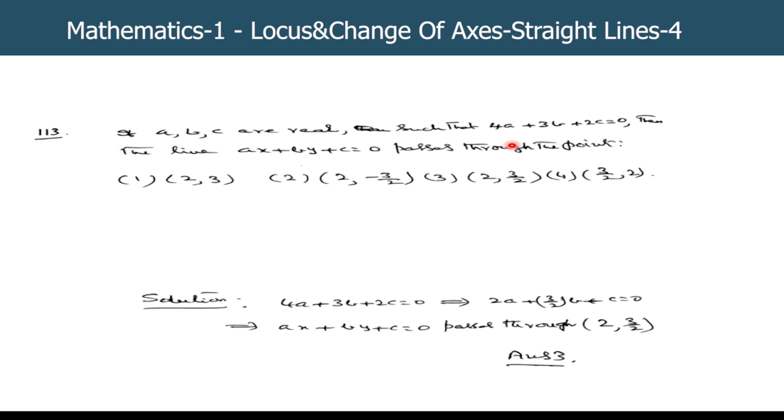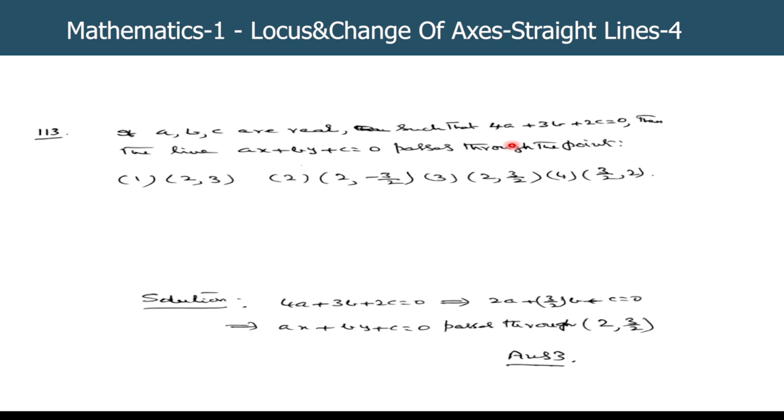Correct option is 3. Whenever you are given something like this, suppose I give you k1 into a plus k2 into b plus k3 into c equals 0, where k1, k2, k3 are fixed numbers and k3 not equal to 0, then the line passes through... What you do is divide the equation throughout by the coefficient of c, that means k3.